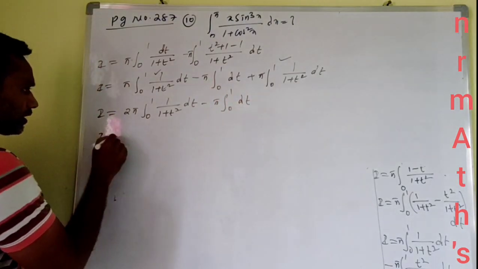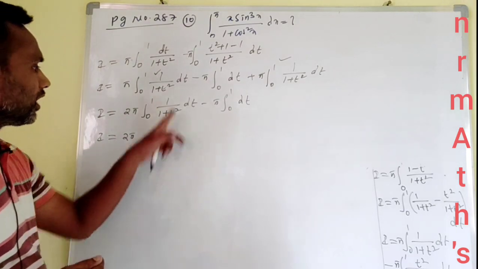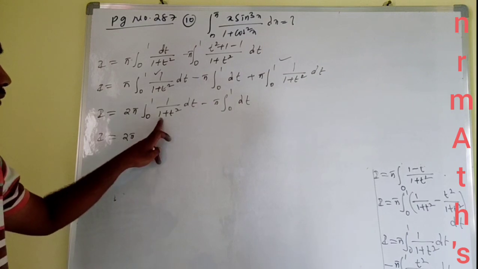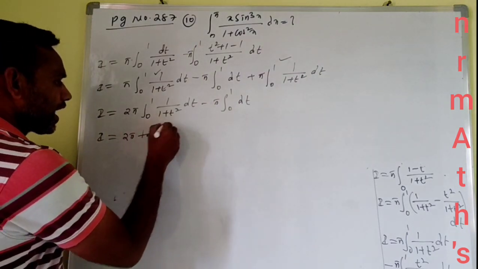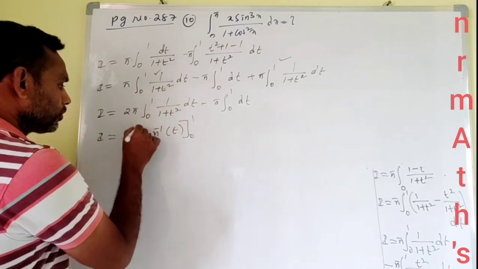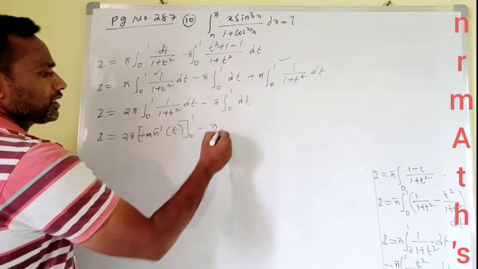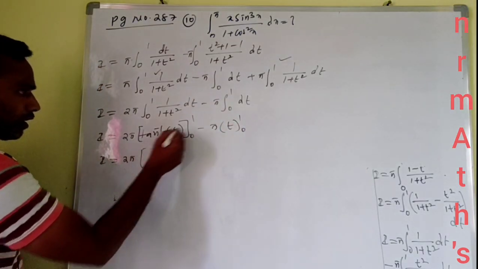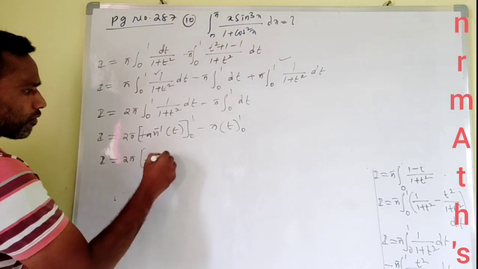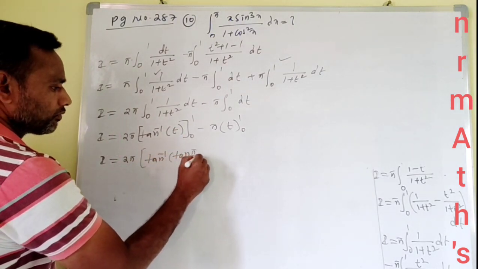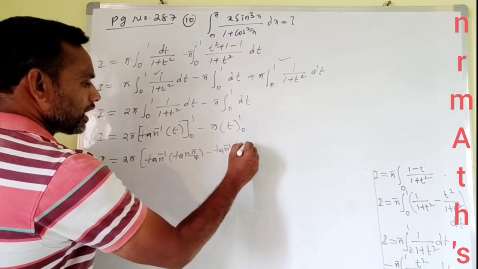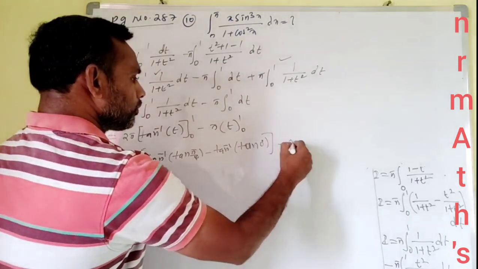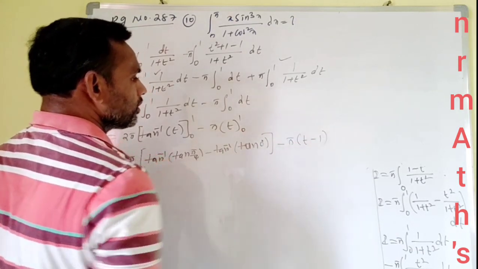Now apply the answers. We know that the integral of 1 by x square plus a square is 1 by a tan inverse of x by a. Substituting a as 1, that means tan inverse of x, here the answer is t, with limits 0 to 1. Here minus pi into, we know that the integral of dt is t, with limits 0 to 1. I is equal to 2 pi into, apply the limits: tan inverse of 1 is pi by 4, minus tan inverse of 0, which is 0, minus pi into the limit t, 1 minus 0.